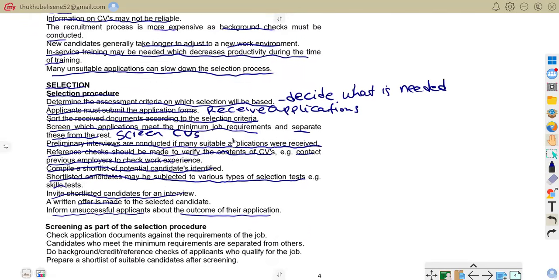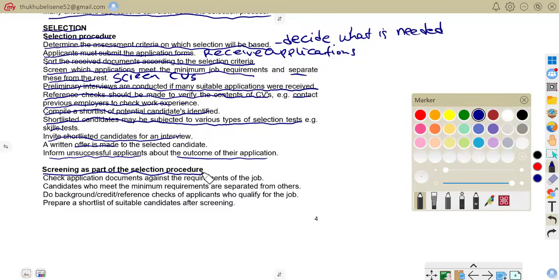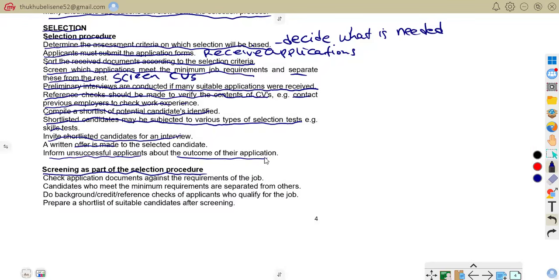Now we are moving on to screening as part of the selection procedure. When you're talking about screening, that is filtering out applicants who don't meet the requirements.